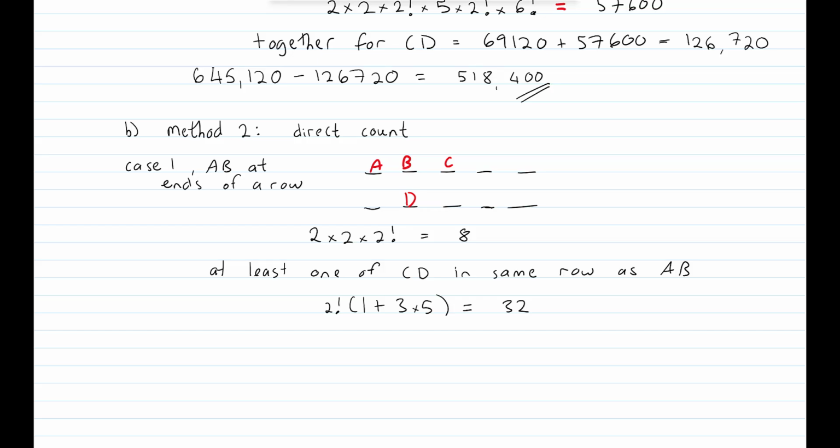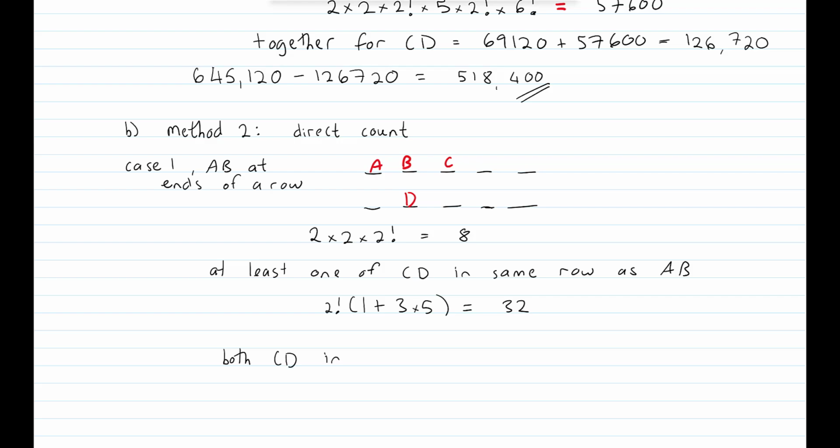So that's the number of positions that we can put C and D not next to each other, with at least one of them in the same row as A and B. We're also going to have to times that by 6 factorial, but we'll do that in a moment because that's the remaining 6 positions can be arranged in 6 factorial ways.